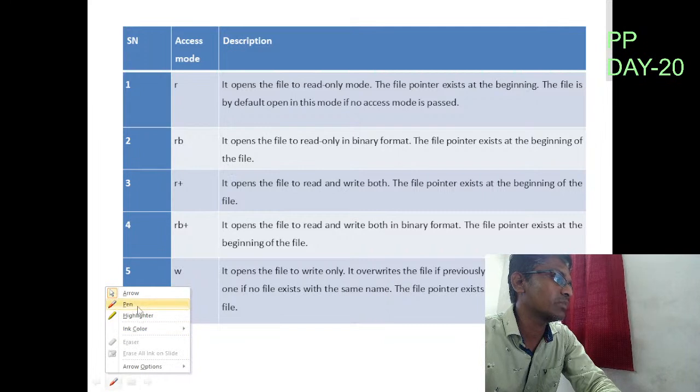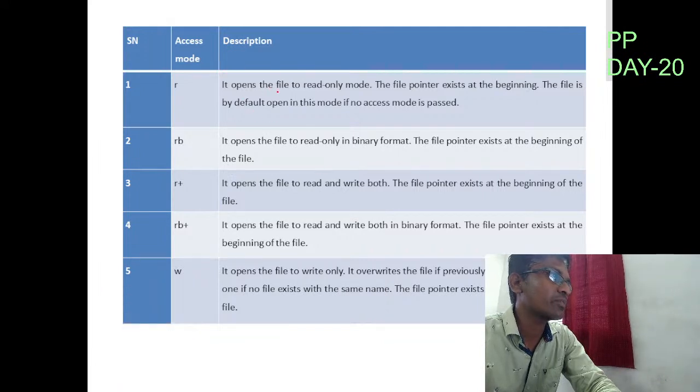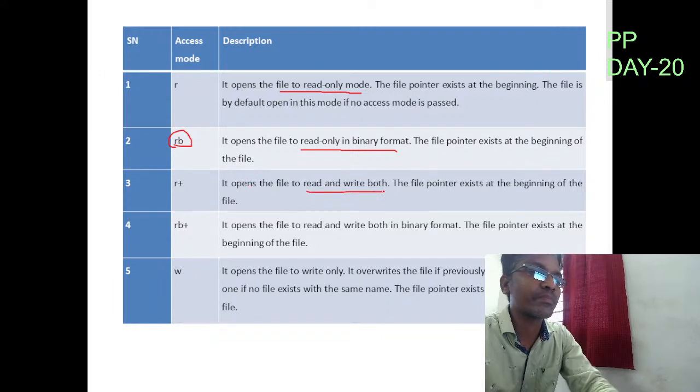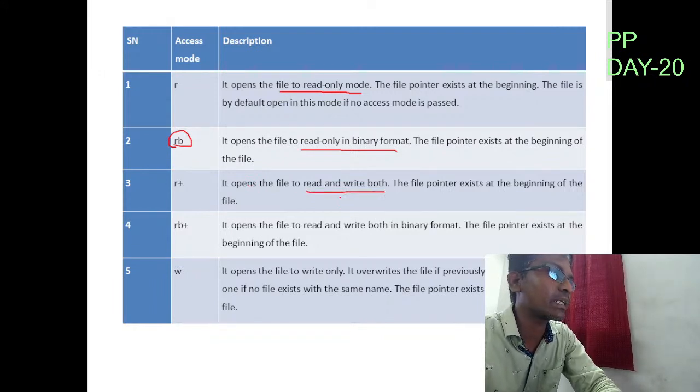First is r, read mode, which opens the file in read-only mode. rb opens the file to read only in binary format. r+ opens the file for both reading and writing, so you can perform both read and write operations. rb+ opens the file to read and write in binary format.